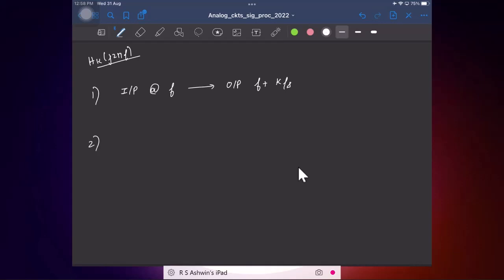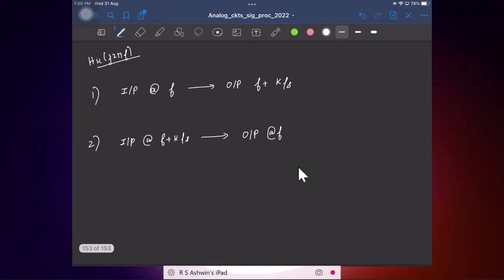Second, I want to see at the output a frequency f, that is, how the frequencies at the input, which are of the form f plus kfs, all fall back to f at the output.